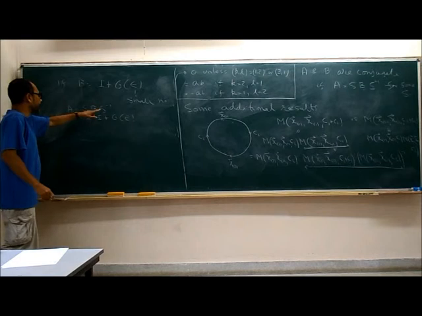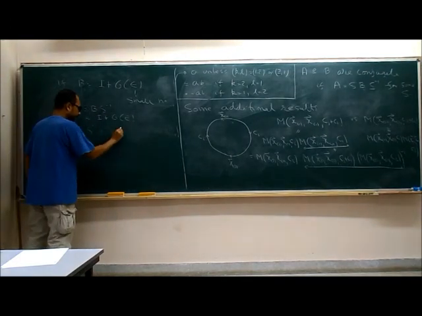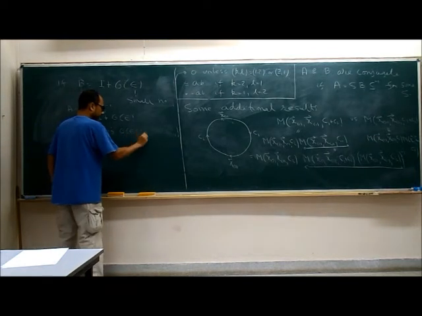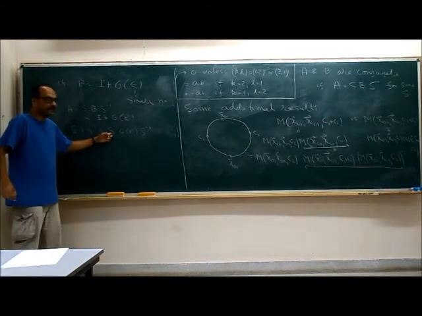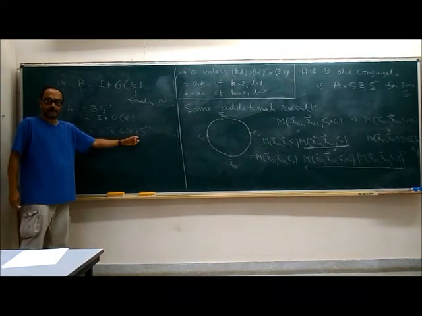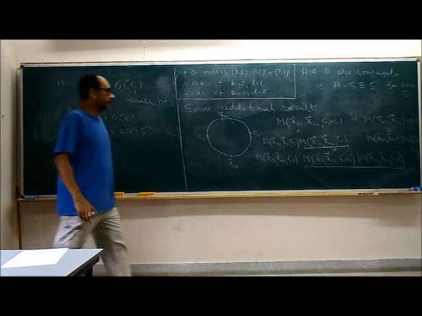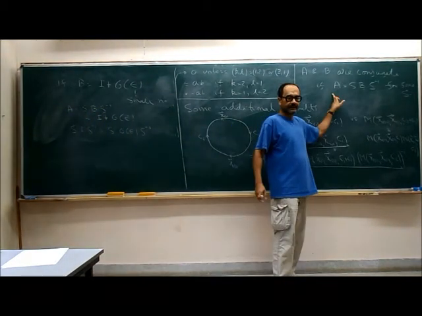Because S B S inverse is after all S I S inverse plus S order epsilon times S inverse. Right? And as long as S is a finite matrix, this makes it identity and this remains of order epsilon. So if B is close to identity, then so is A, and vice versa.